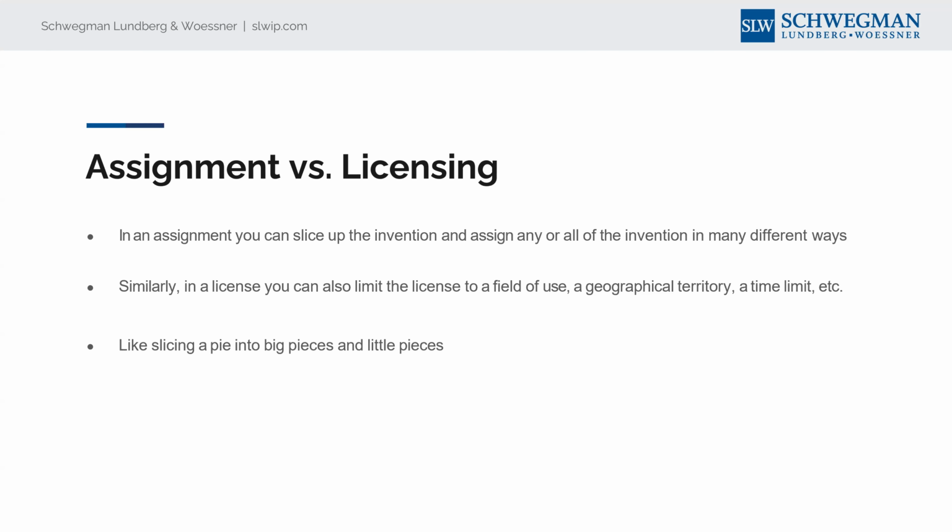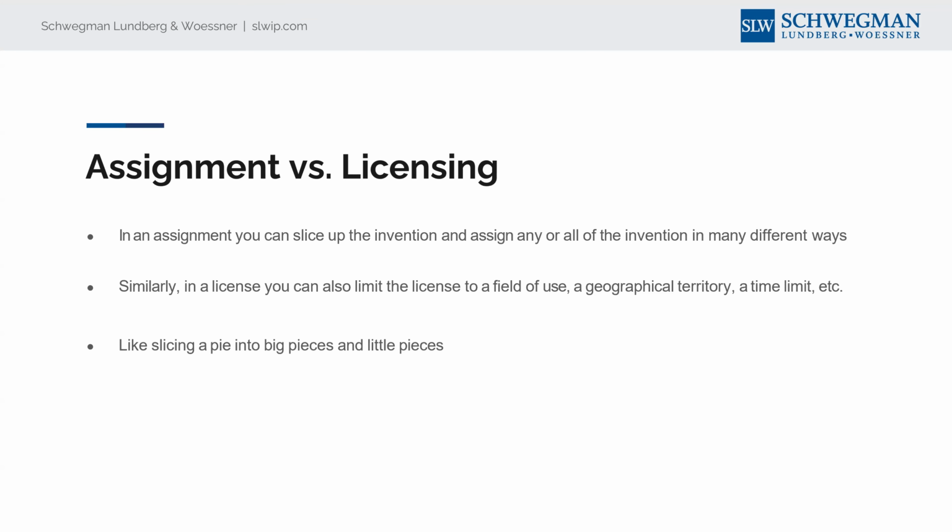What's interesting in an assignment too is, I mentioned earlier, that if you're co-inventors, no matter if you contributed to 70% of the subject matter versus 30, you have an equal and undivided right to make, use, or sell. In an assignment, you can actually slice up the ownership in different ways. Not common that I've seen, but that's just contract law.